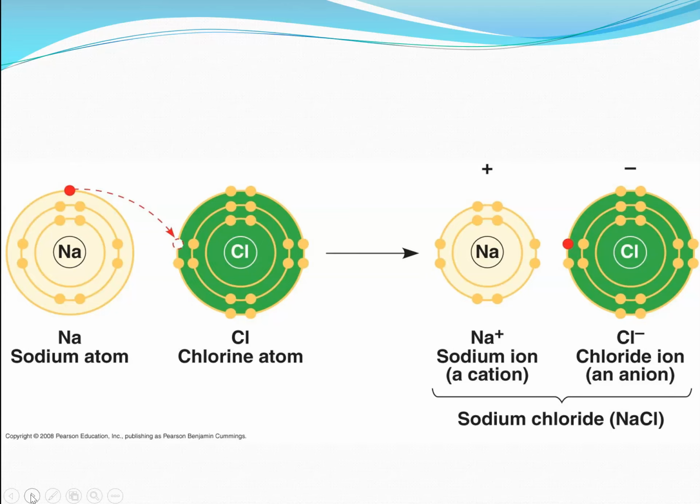The orbitals around sodium on the outer edge are now 8, a complete octet. Chlorine, on the other hand, gained an electron, so now it has a negative sign above it, and that red dot represents the valence electron that sodium transferred over to chlorine. So now chlorine is happy with its 8 valence electrons.